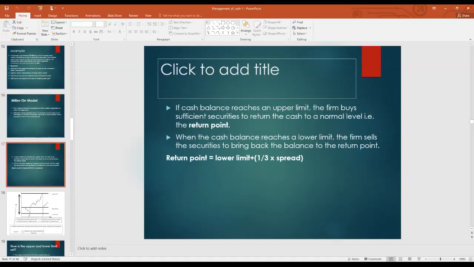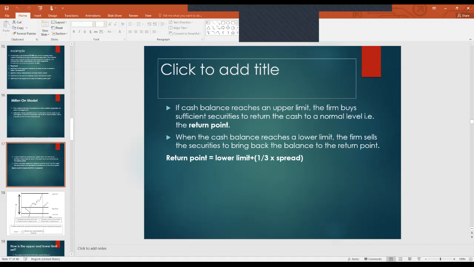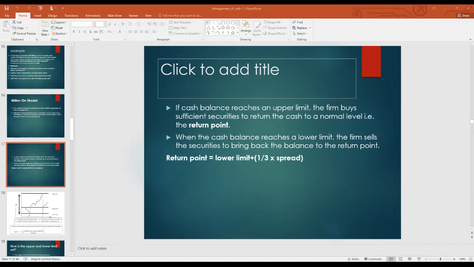And generally, don't forget the company will be aiming to have what is referred to as the target cash balance, where the cash balance ought to be. The cash balance should be where we target it to be, what we call the return point. So generally you have the lower limit, the return point, and the upper limit.